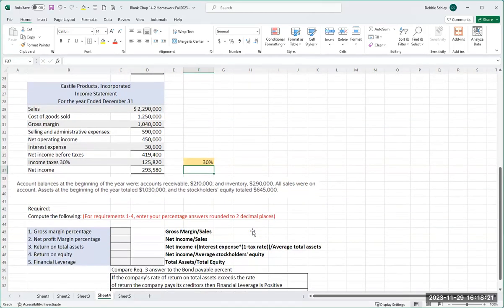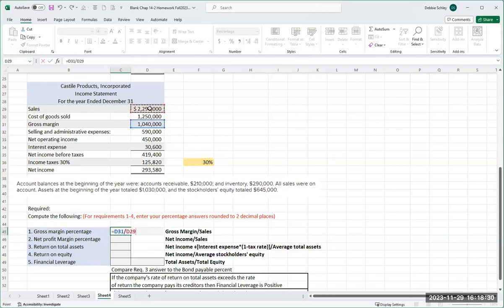So gross margin percentage equals gross margin divided by total sales. Net profit margin percentage equals net income divided by total sales.